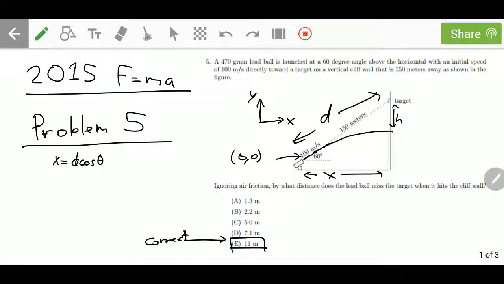If you computed the amount of time for the projectile to reach the wall, it would end up being d cosine theta, which is the horizontal distance, divided by v cosine theta, which is the horizontal velocity, and that just ends up being d over v, which in this case is 1.5 seconds.